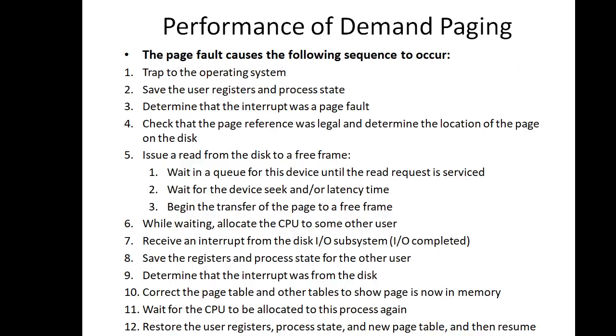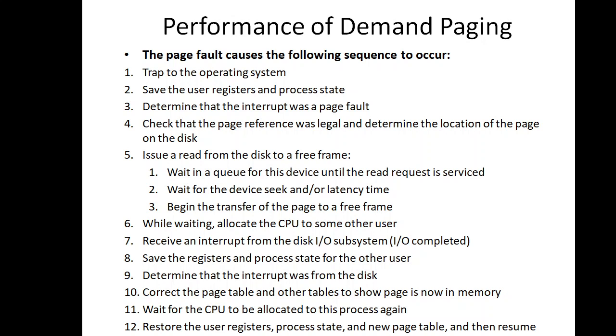To compute the effective access time, we must know how much time is needed to service a page fault. A page fault causes the following sequence to occur. First step is, a page fault causes a trap to the operating system, and then we should save the user registers and process state. Next step is, we should determine that the interrupt that occurred is a page fault.